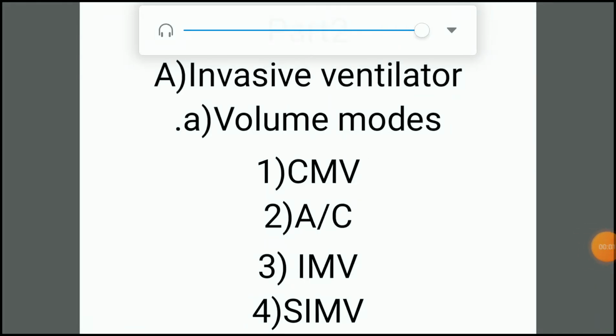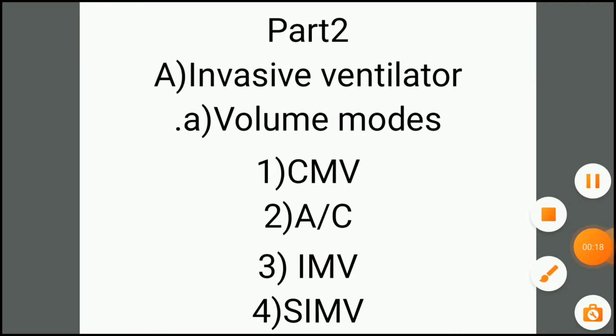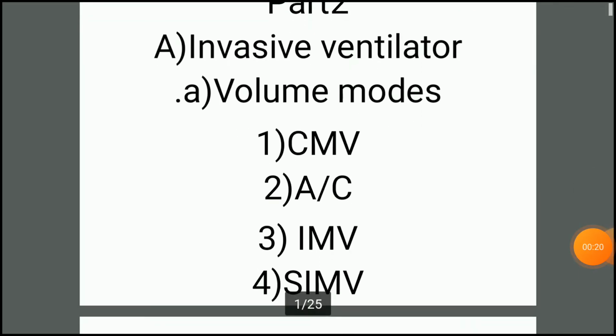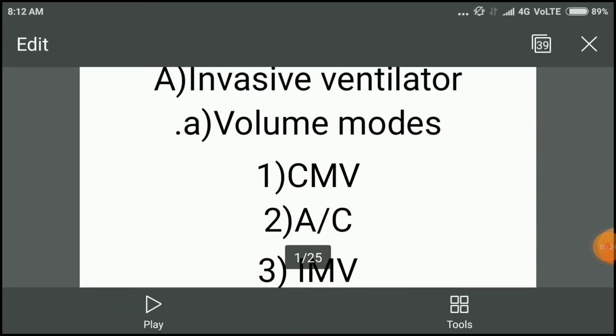In the previous video we saw what a mode is, what an invasive ventilator is, and what a non-invasive ventilator is. In the non-invasive ventilator there are two types, the negative pressure type and the positive pressure type. In the invasive ventilator there are two modes, volume mode and pressure mode.